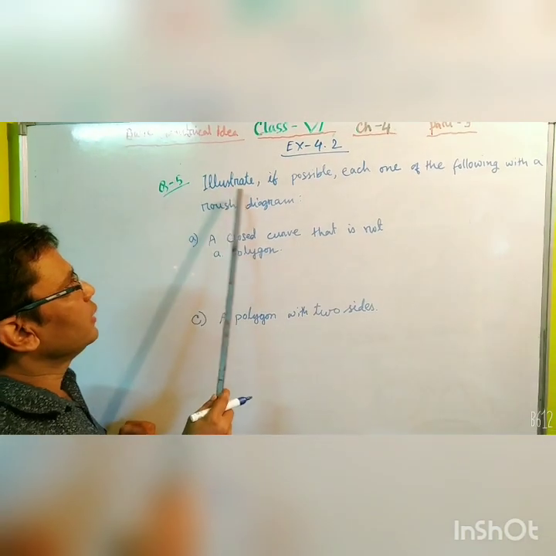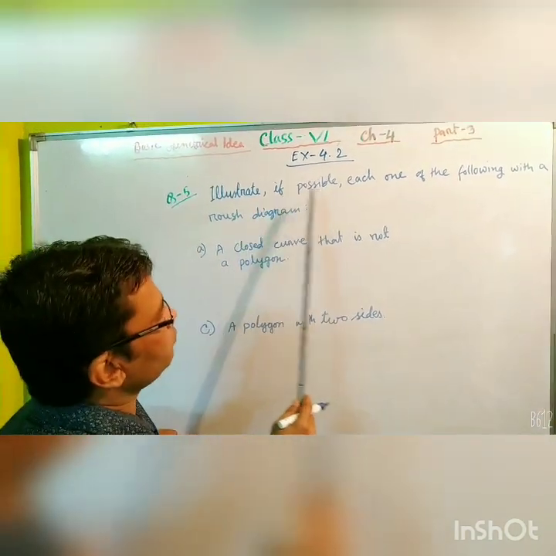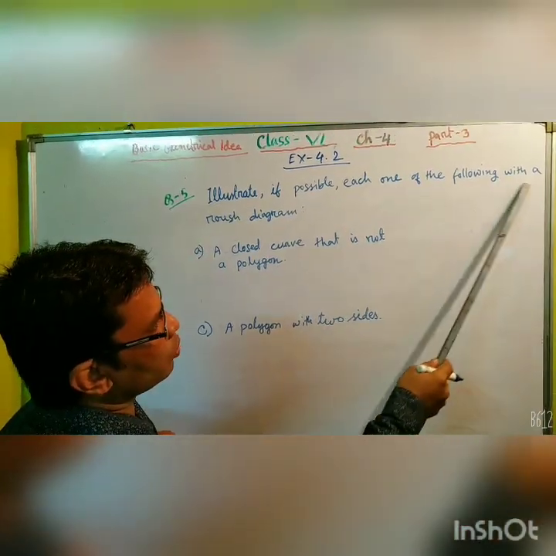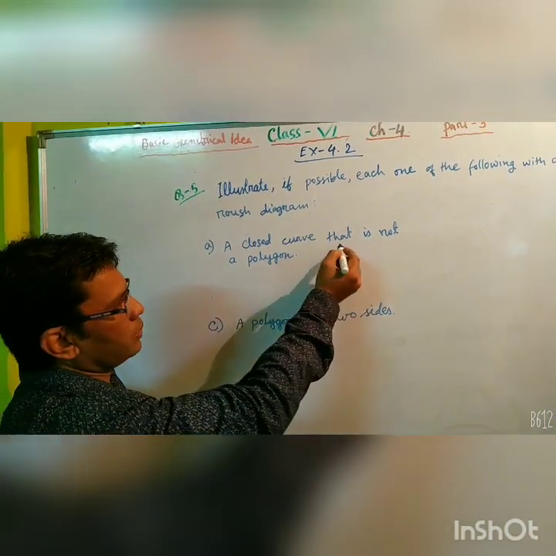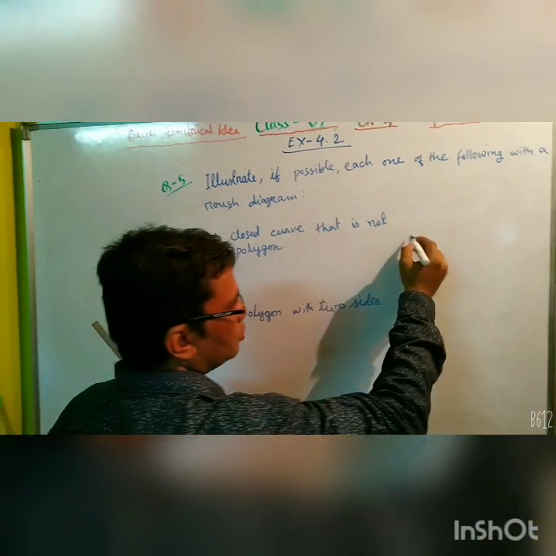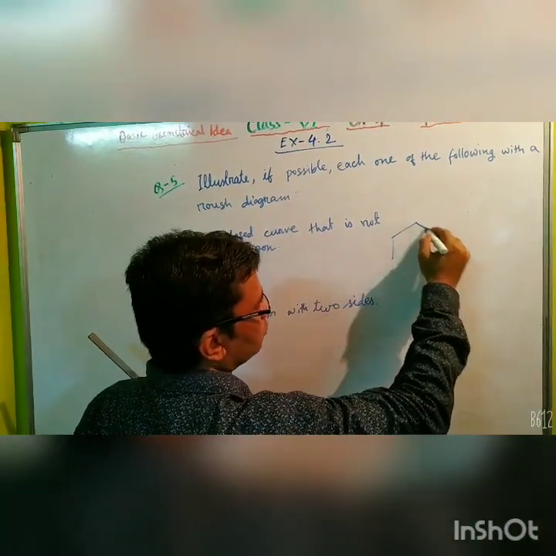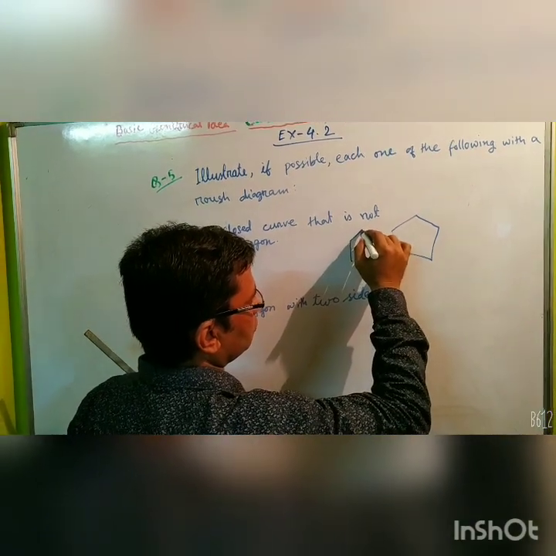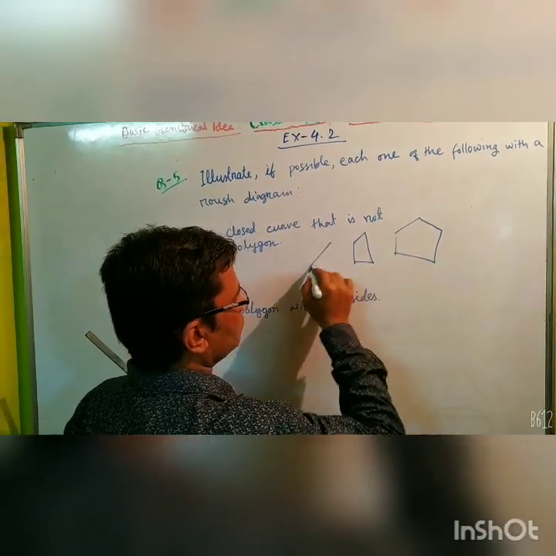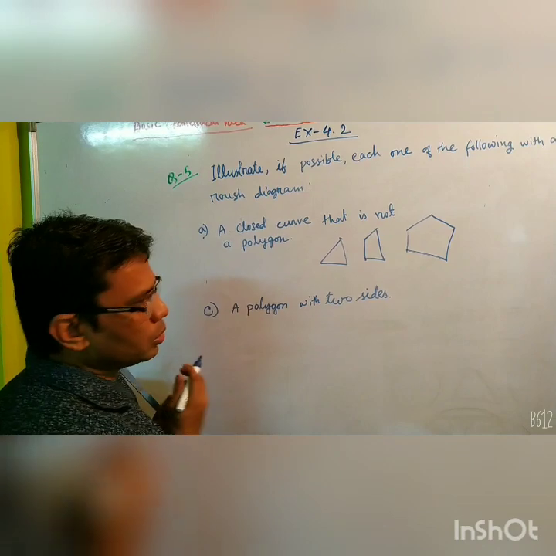Number 5: illustrate, if possible, each one of the following with a rough diagram. A closed curve that is not a polygon. Suppose this is a polygon, this is a polygon, this is a polygon.